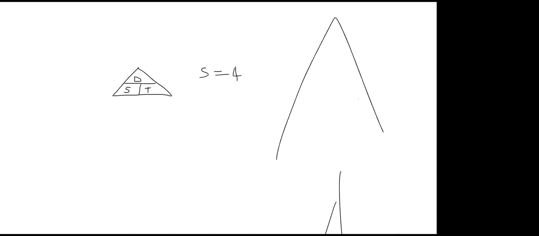I'm going to call distance D, speed S, and time T. Now our question gave us speed as 35 meters per second.